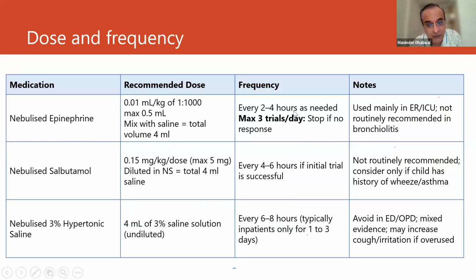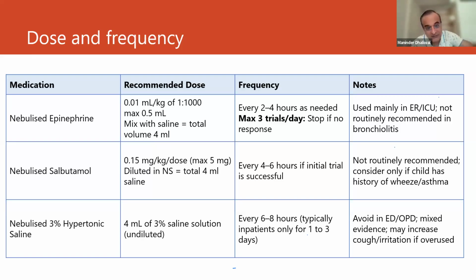Give it every 4 hourly, maximum 3 trials per day. If no response has happened on the first day, no need to continue beyond that. But if the child has improved, you might consider it for one more day. No need to give epinephrine for 4 or 5 days, and no need to give it every second hourly, the whole night.